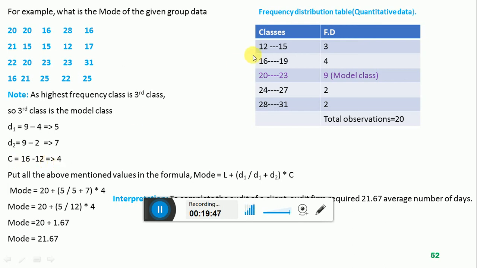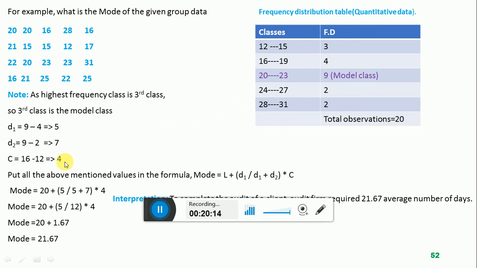Again, you can calculate the difference of the lower limits of the second and third consecutive classes: 20 minus 16 is 4, 24 minus 20 is equal to 4, and 28 minus 24 again is equal to 4. So C is the difference of the lower limits of two adjacent or consecutive classes.